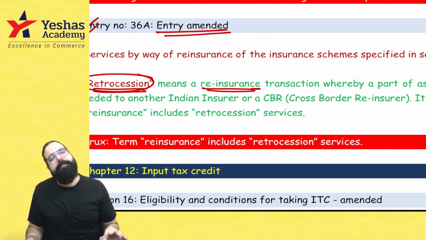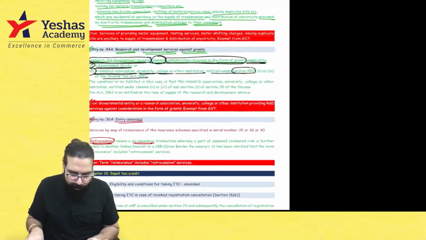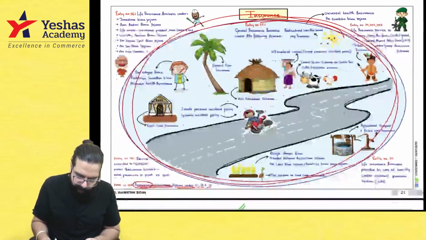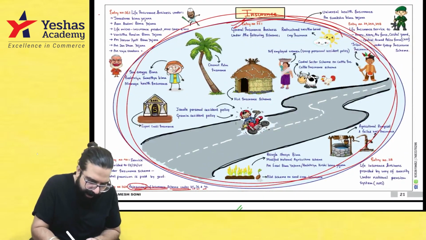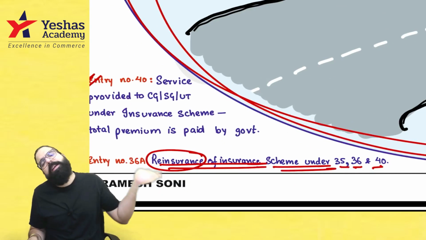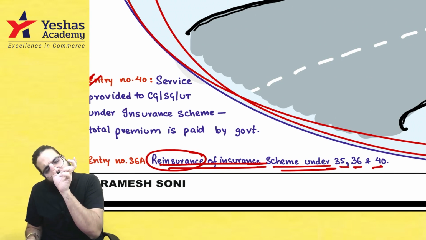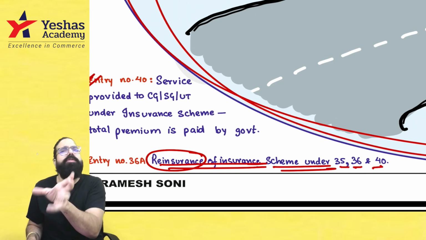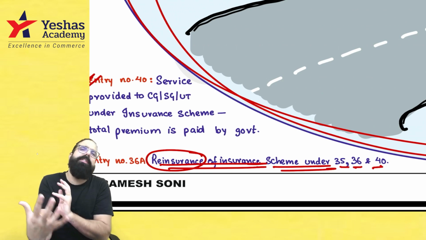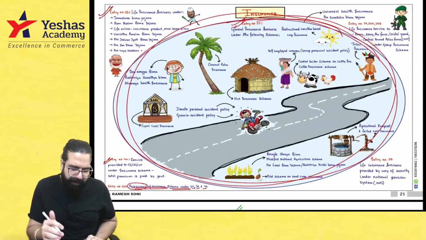So if they say retrocession or reinsurance of all these insurances which I have taught you under 35, 36 and 40, all these reinsurances are exempted. Retrocession includes reinsurance. Done, sir. Nothing very important from an exam point of view.